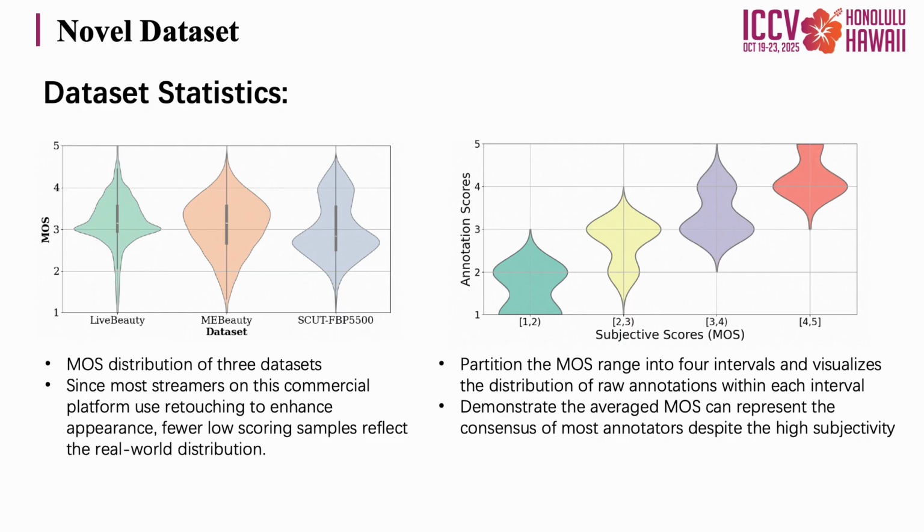The right figure partitions the score range into 4 intervals and visualizes the distribution of raw annotations within each interval. It demonstrates that the averaged scores can represent the consensus of most annotators despite the high subjectivity.